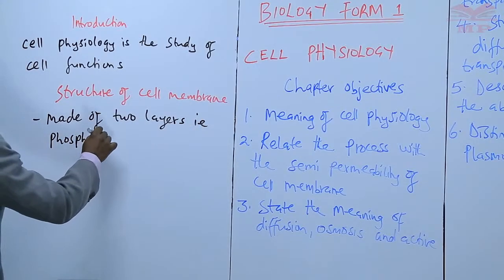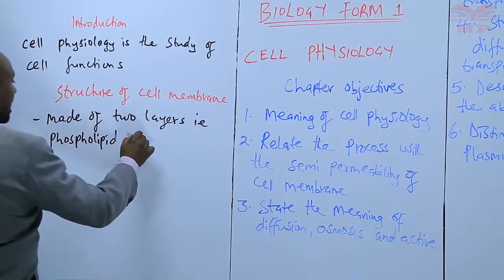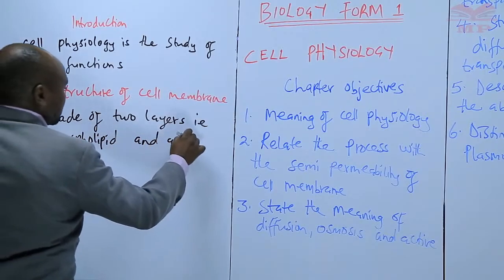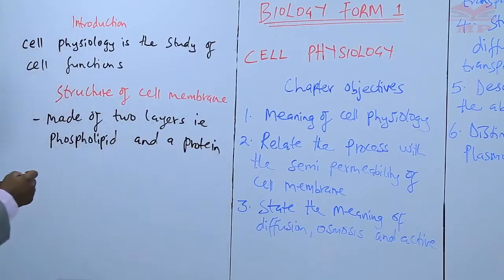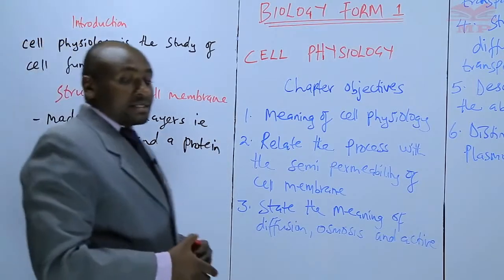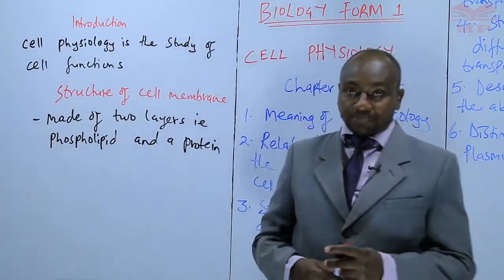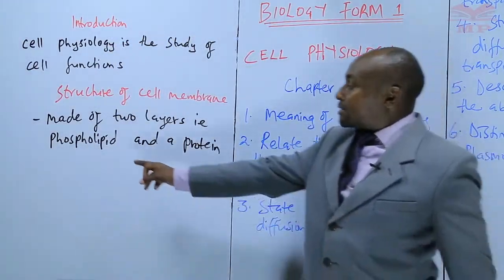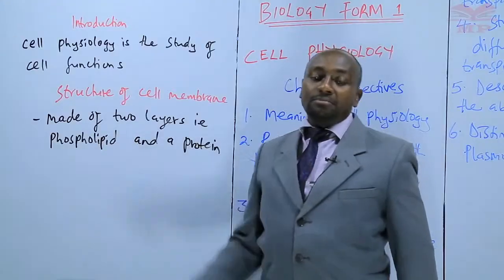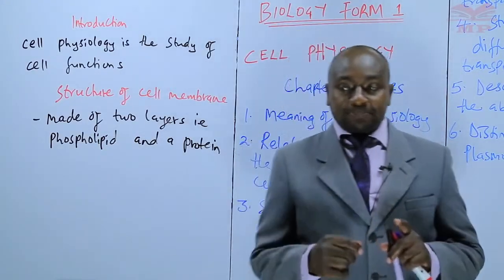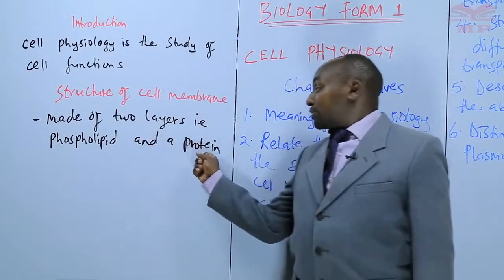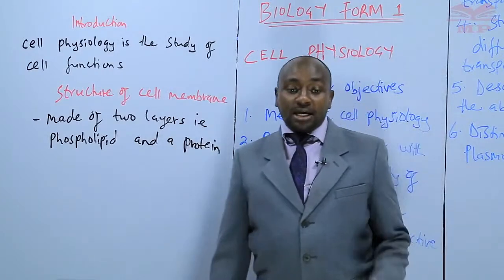I'll explain what is a phospholipid and a protein. A phospholipid is a fat layer. Anything that ends with the word lipid, it means that it's either a fat or an oil layer. Then, of course, the other one is a protein layer.